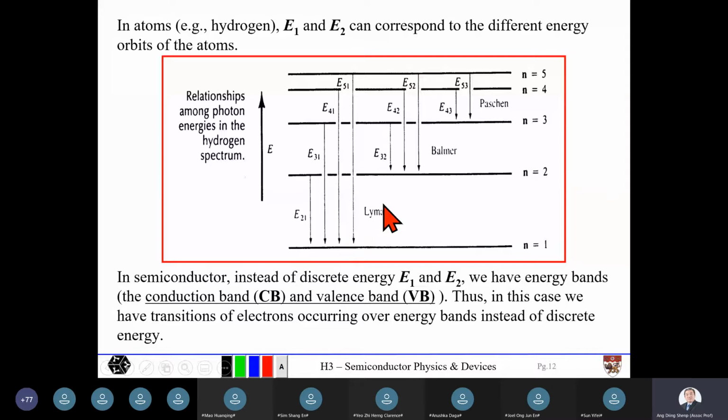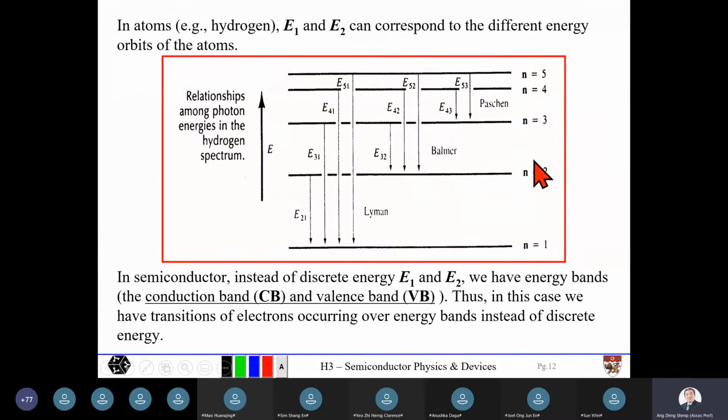So for transitions down to the n equals 1 level, you will have a series of discrete wavelengths of light emitting from the hydrogen atom. This series of wavelengths is called the Lyman series. Not the Lehman Brothers, but another scientist.